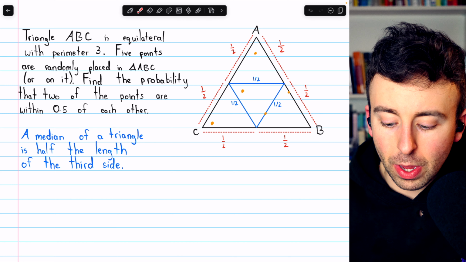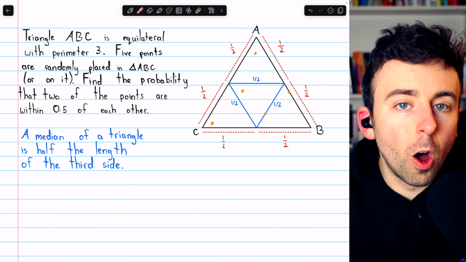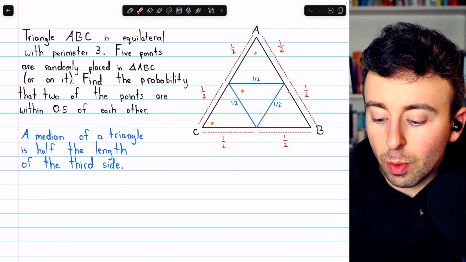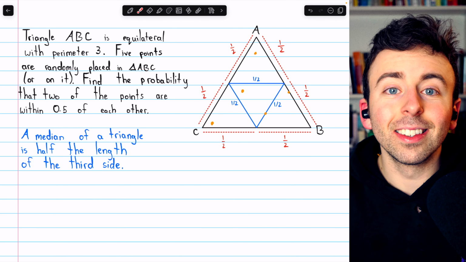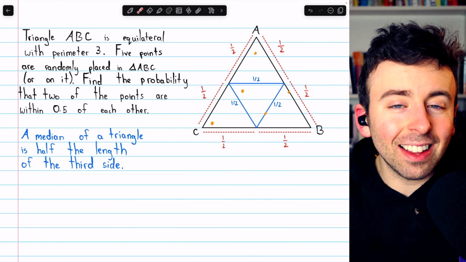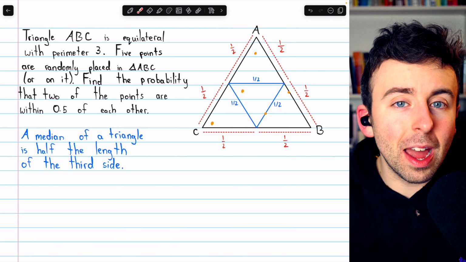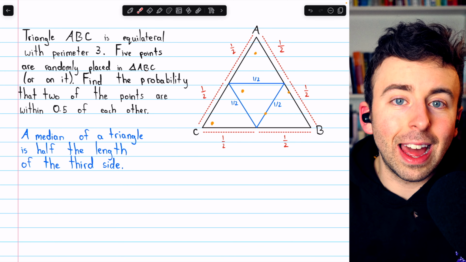In this case, it would appear that this dot and this dot are in or on the same triangle. We might also say that this dot and this dot are in or on the same triangle. No matter how the 5 dots are placed, it has to be the case that at least 2 of them are in or on the same little equilateral triangle.